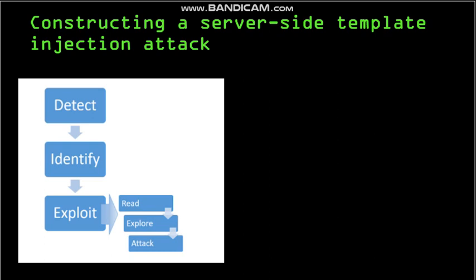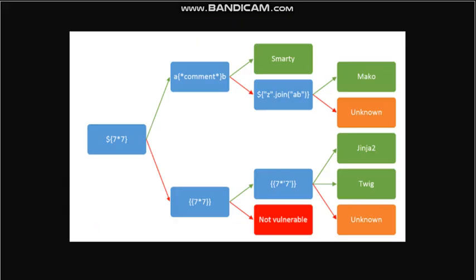To help this process, you can use a decision tree similar to this. You should be aware that the same payload can sometimes return a successful response in more than one template language.